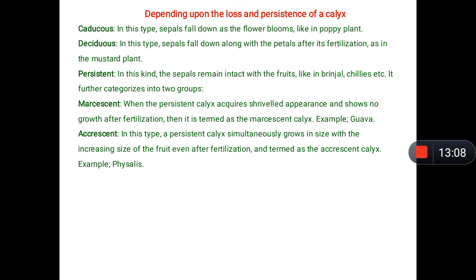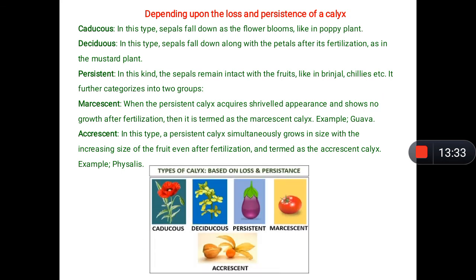So after fertilization it does not show any growth, so it is called persistent. Whereas accrescent, in this type, the persistent calyx simultaneously grows in size with the increasing size of the fruit even after fertilization and turns into accrescent calyx. Example is Physalis. So let's see what the diagrams are.